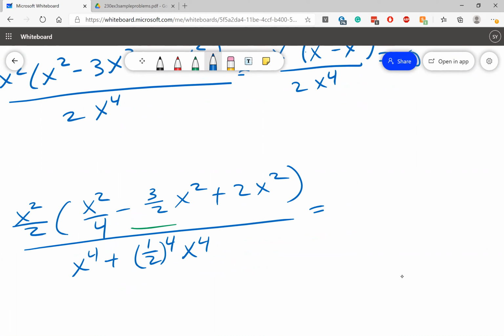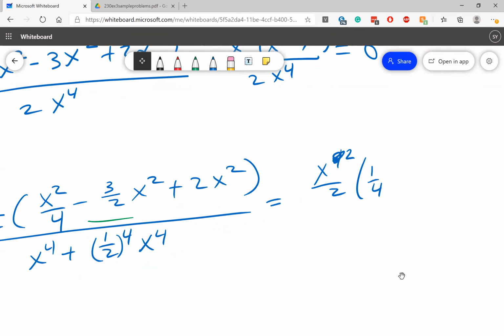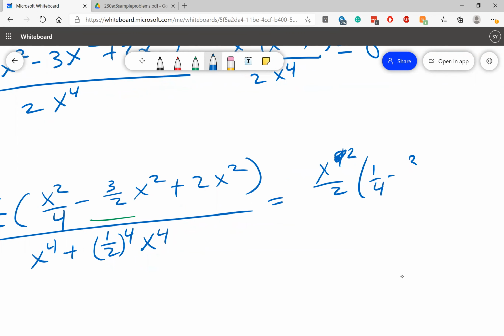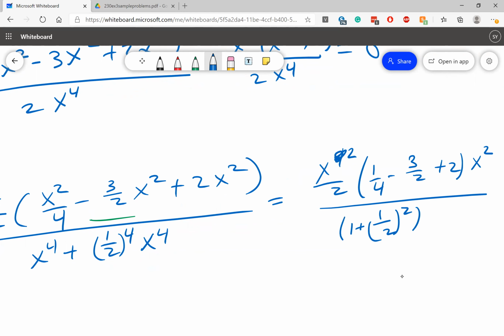So we would have x squared over 2 times 1 over 4 minus 3 over 2 plus 2 times x squared over 1 plus 1 over 2 to the 4th times x to the 4th.